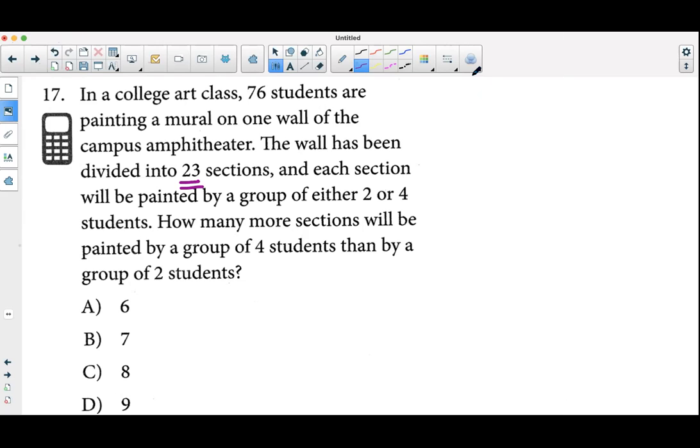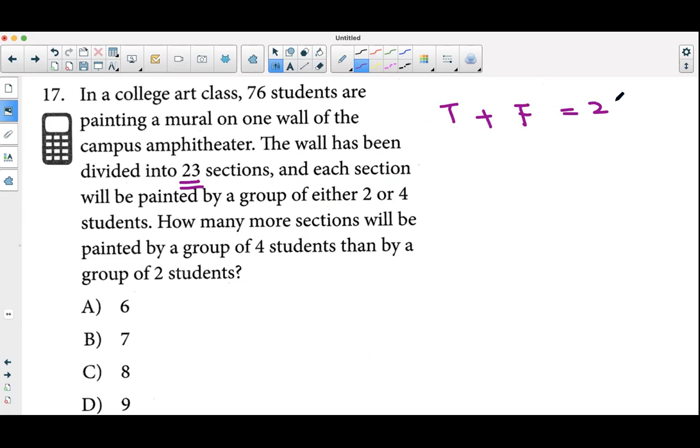The total is 76 students. And there are 23 sections, and each section will be painted by groups of either 2 or 4. So can I say we have T number of groups of 2, and F number of groups of 4.